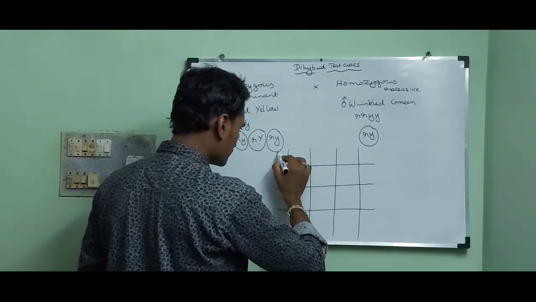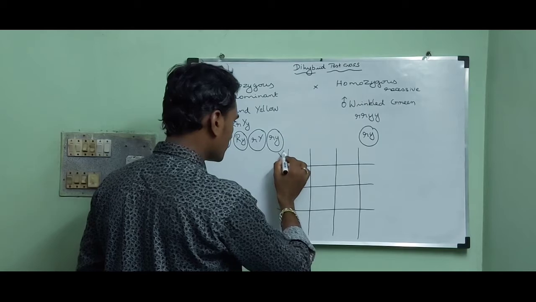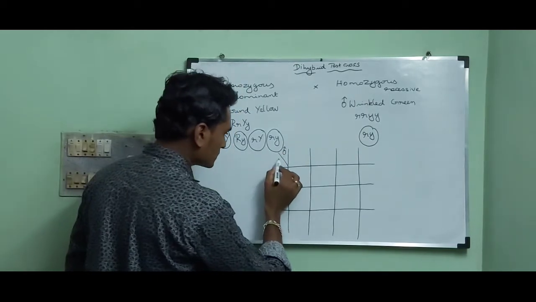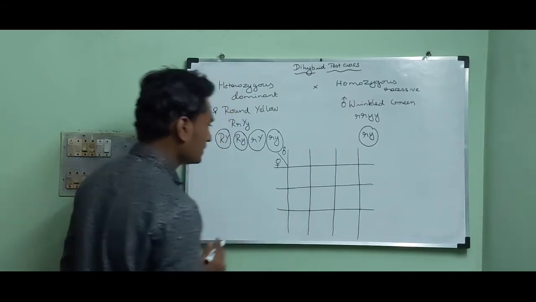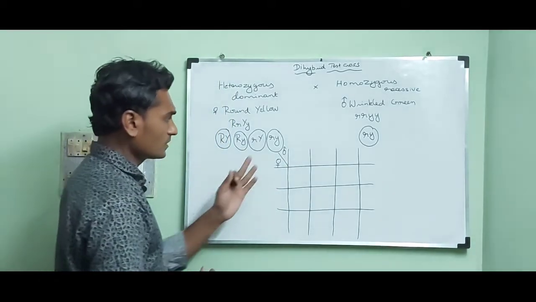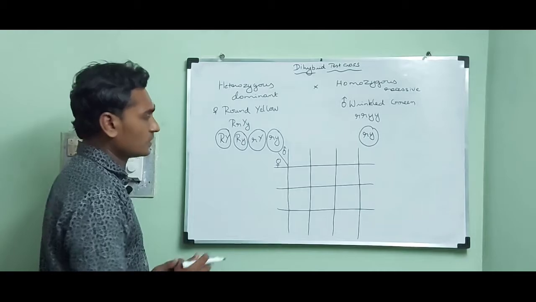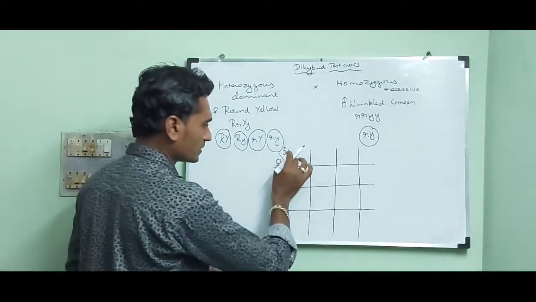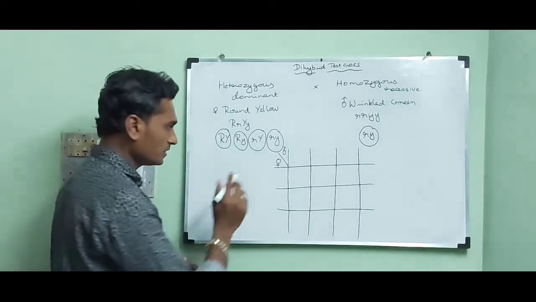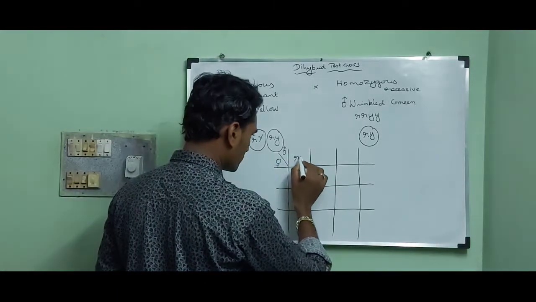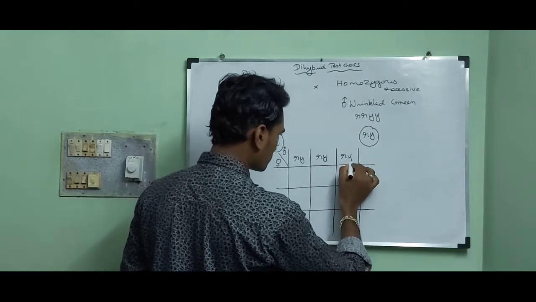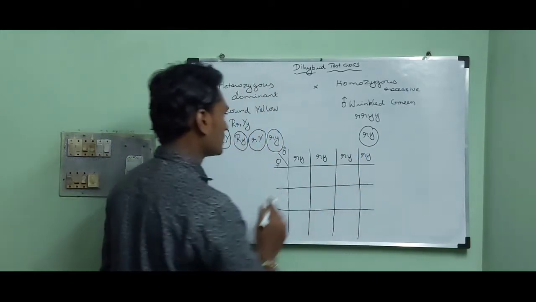Here in rows we are going to plot the male gametes. In columns we are going to plot the female gametes. In the rows all the gametes are going to be recessive, that is small r, small y, small r, small y, small r, small y, small r, small y.